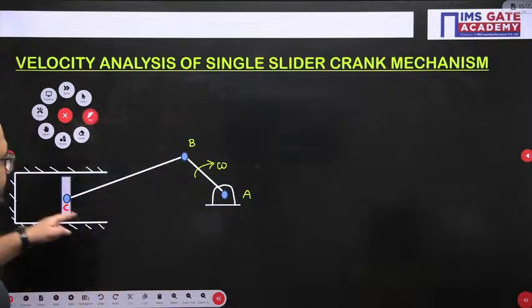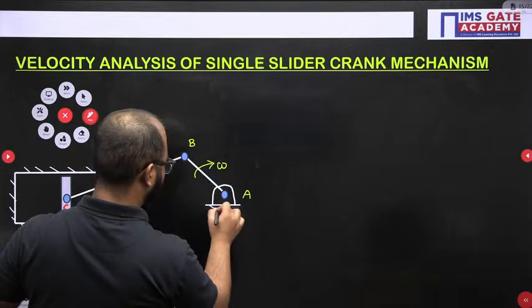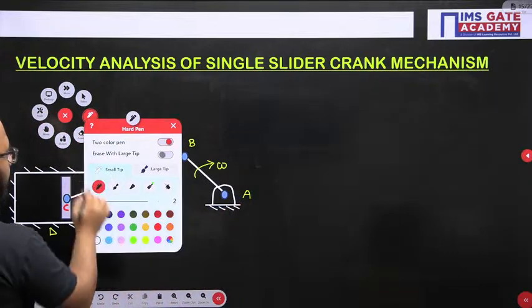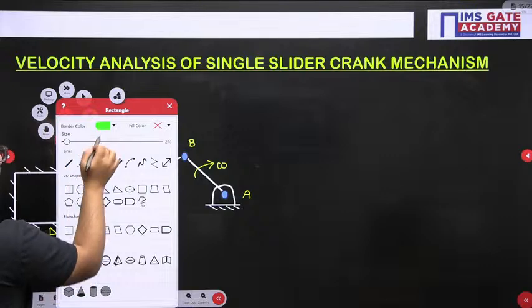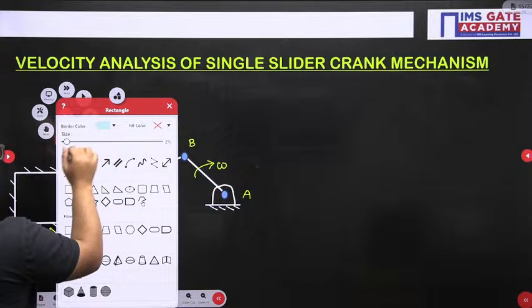So this is C, this is A, this is B, and this is D. I have mentioned all the points one by one. Now what do we need to do? We need to draw the correct velocity vectors, right?